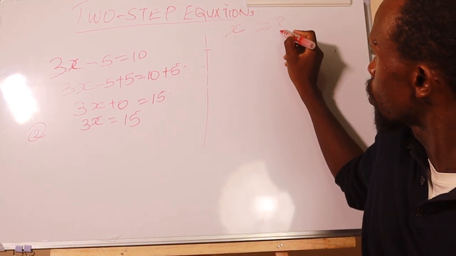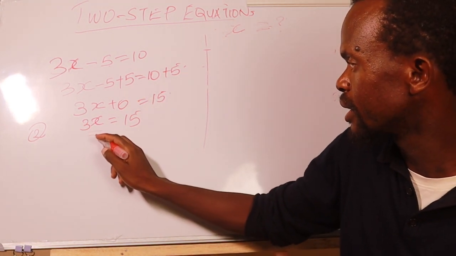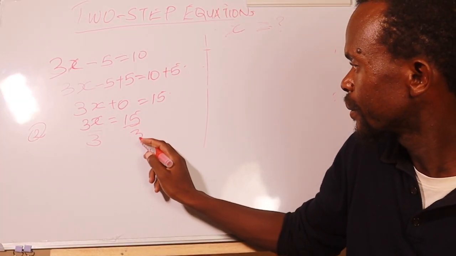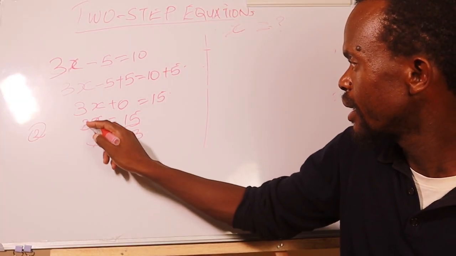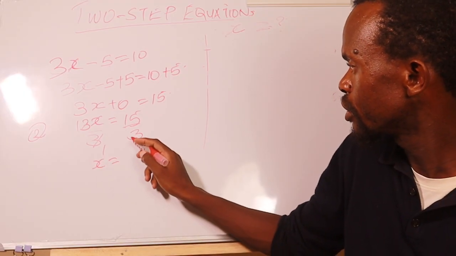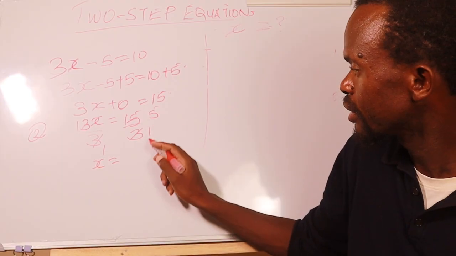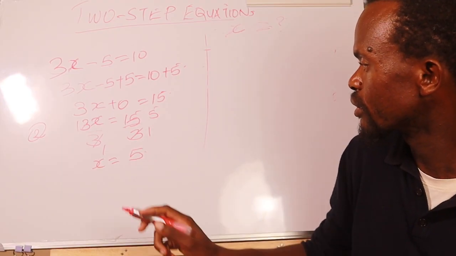So what we need to do from here is to undo this by dividing both sides by 3. So if we cancel 3 by 3, 1 by 3, 1, we are left with x equals, 15 divided by 3, which is equals to 5. So the value of x is equals to 5.